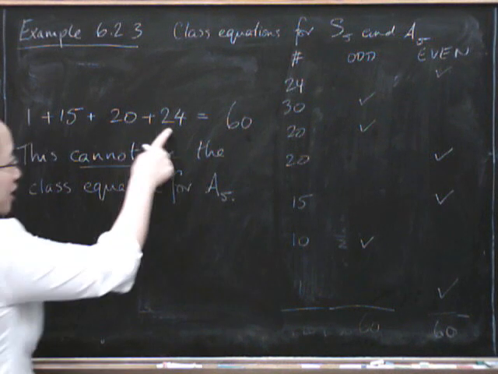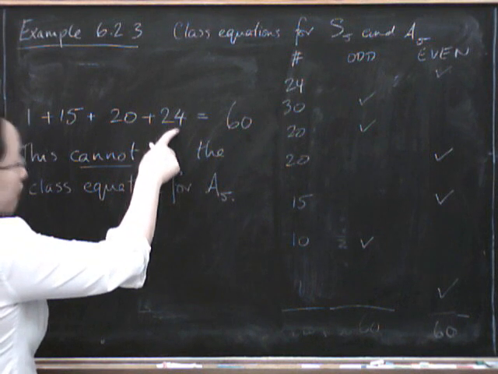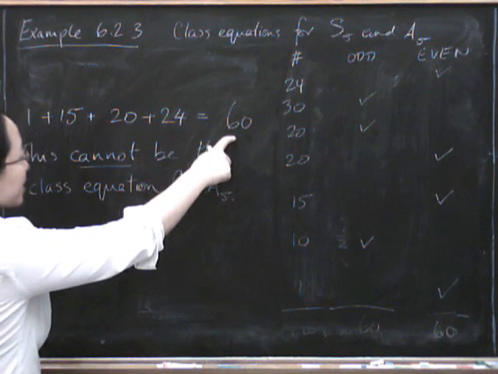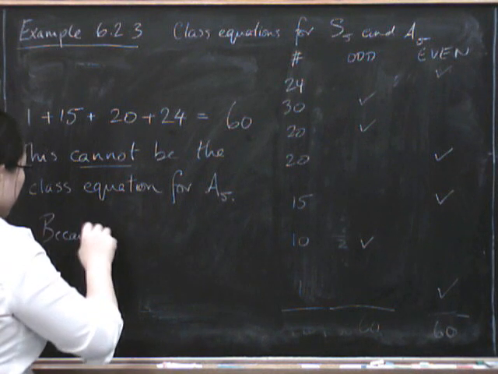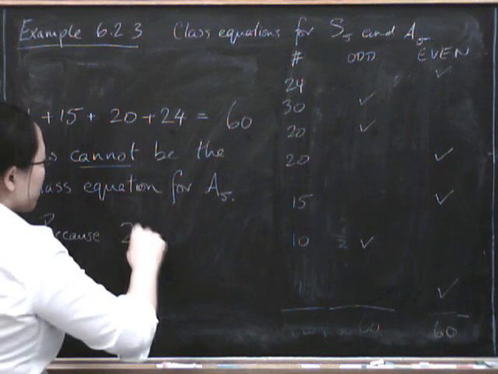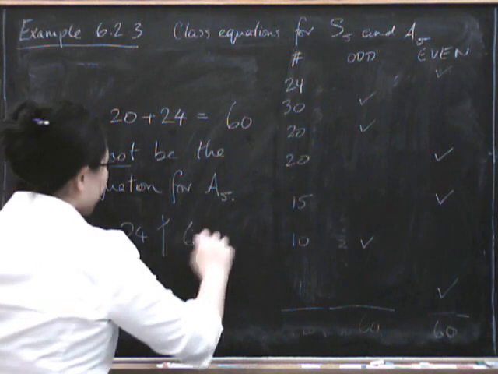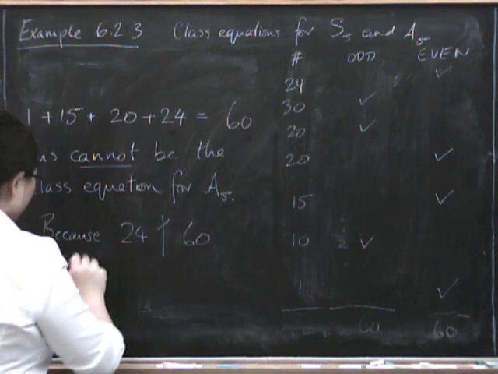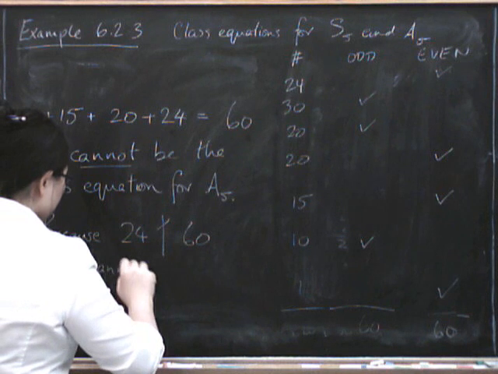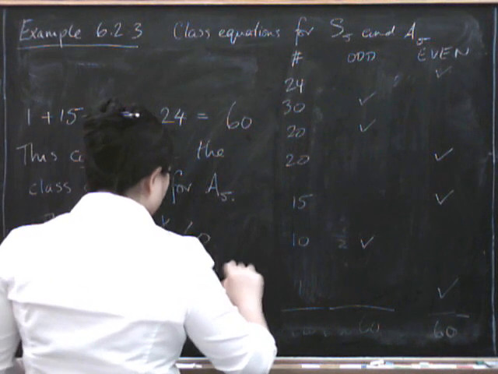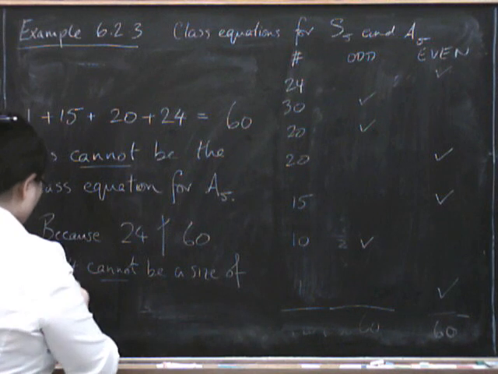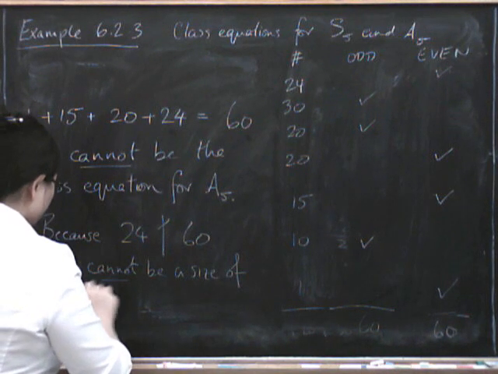If this was a conjugacy class in A5, it would have to divide 60, and this one doesn't, because 24 does not divide 60. So 24 cannot be a size of conjugacy class in A5.